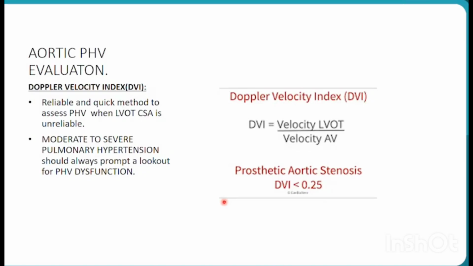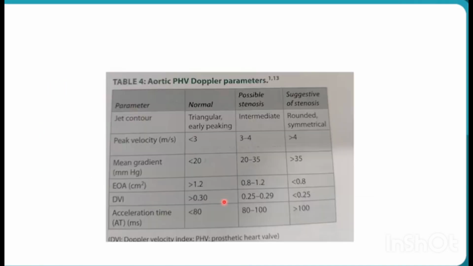So other supportive findings should always be looked for, that is moderate to severe PAH. If it is not there and the rest of the parameters are falling into the category of PHVT, then the diagnosis should be confirmed once again.